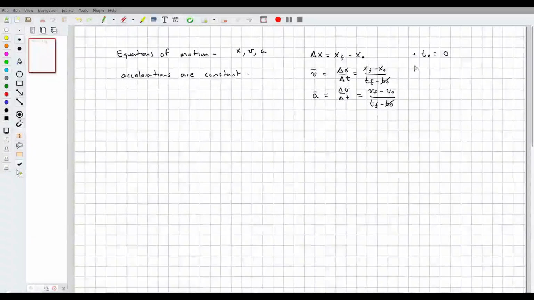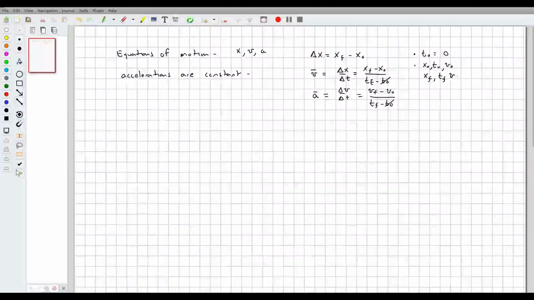The next thing we're going to do is to reindex things. Now, it's understood that x naught, t naught, and v naught refer to things that happen initially. At the very beginning, your position is this. At the very beginning, your time read that. At the very beginning, your velocity was this. What I'd like to do is to reindex xf, tf, and vf.